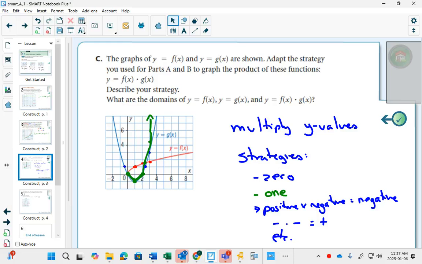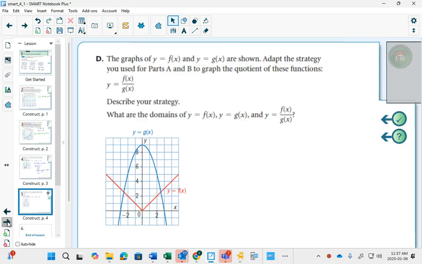And then the most complicated one is divide. So, the basic strategy is exactly the same.